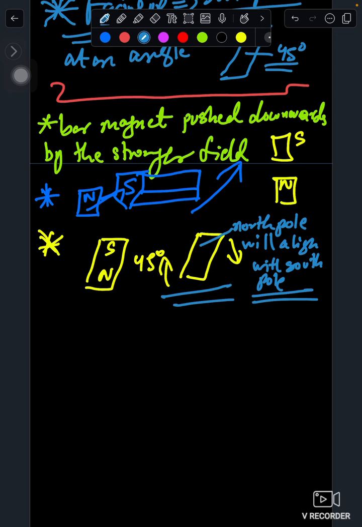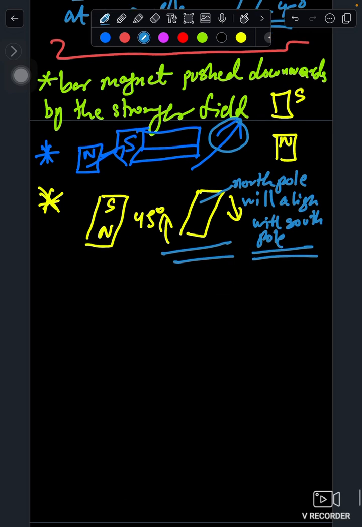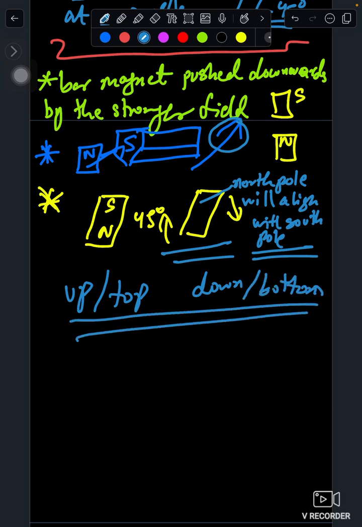Then the consequences emerge from the distribution of magnet positions recorded by the detector. For the first two orientations, top and bottom, we will have only two options: either the bar magnet will go up or it will go down.